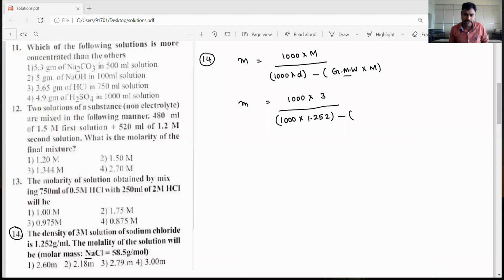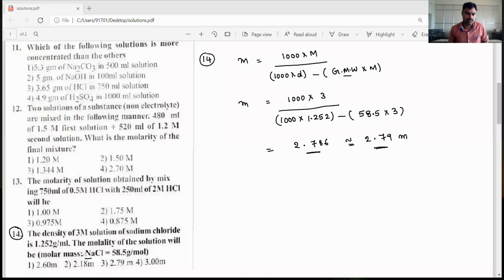The NaCl gram molecular weight is 58.5, into the molarity of the solution, which is 3. On simplification, we will get approximately 2.786, which is nothing but 2.79 molar.